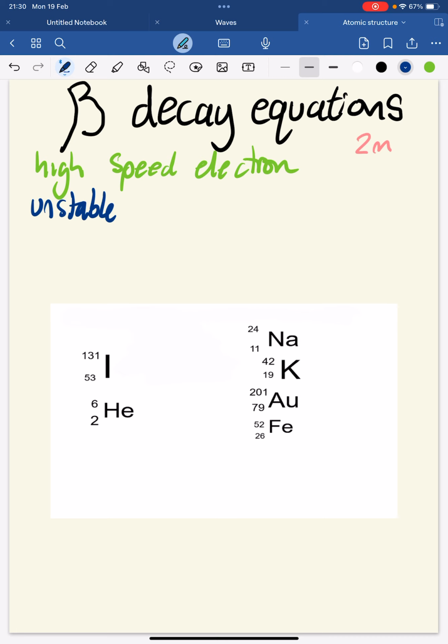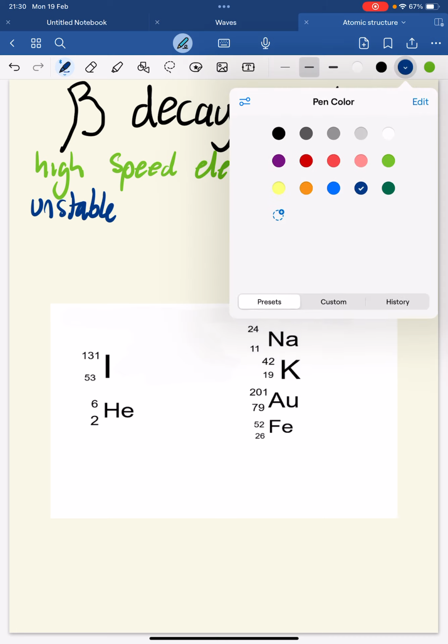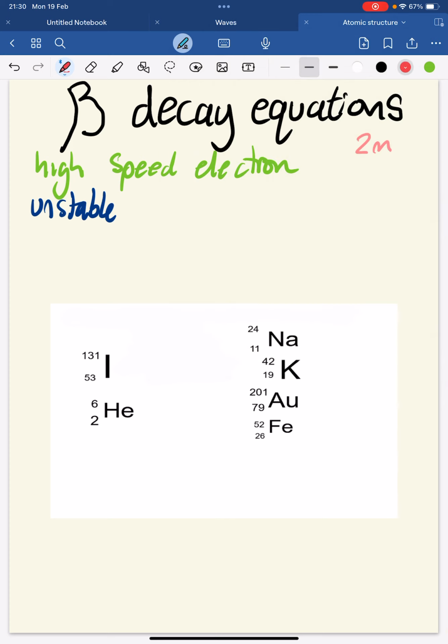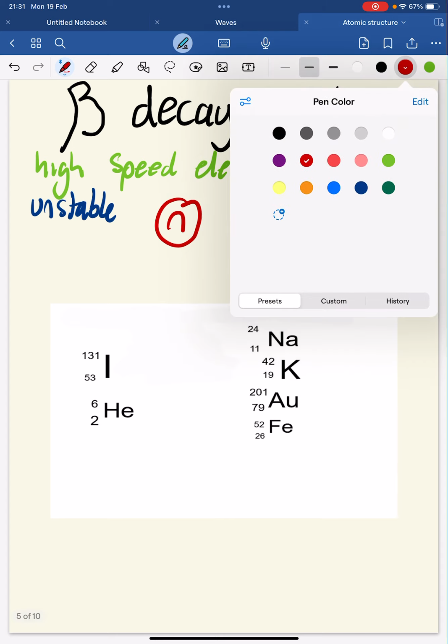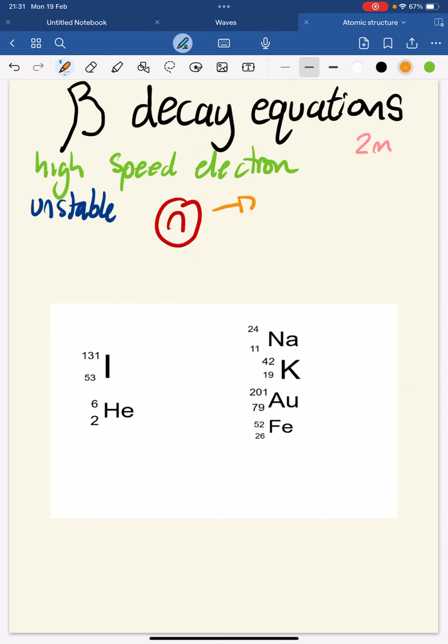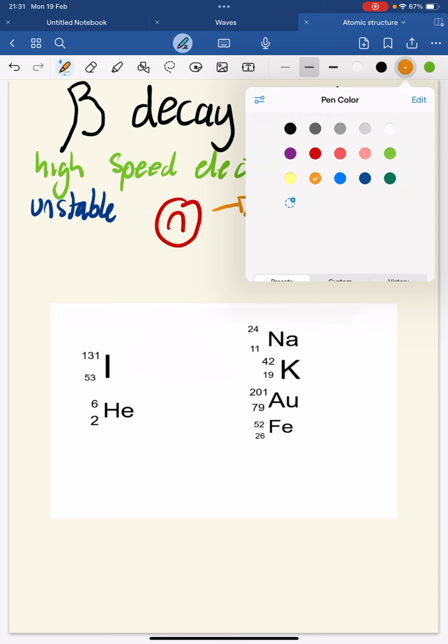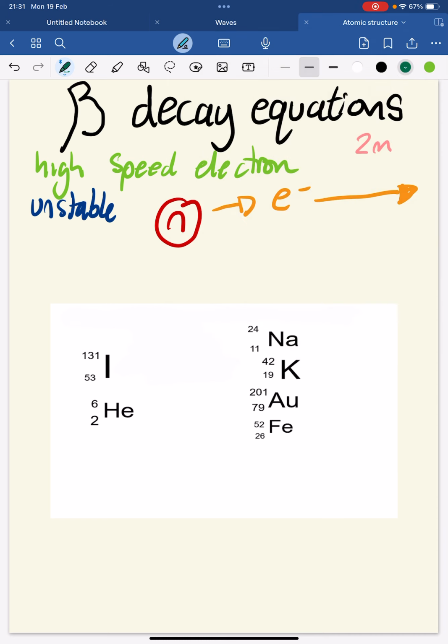So what happens is we have a neutron, and part of the process is that it emits our high speed electron, and that is our beta particle, but also that neutron will turn into a proton.